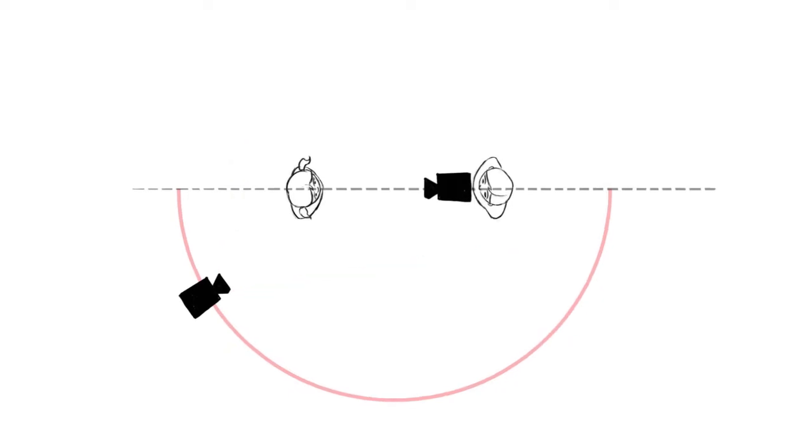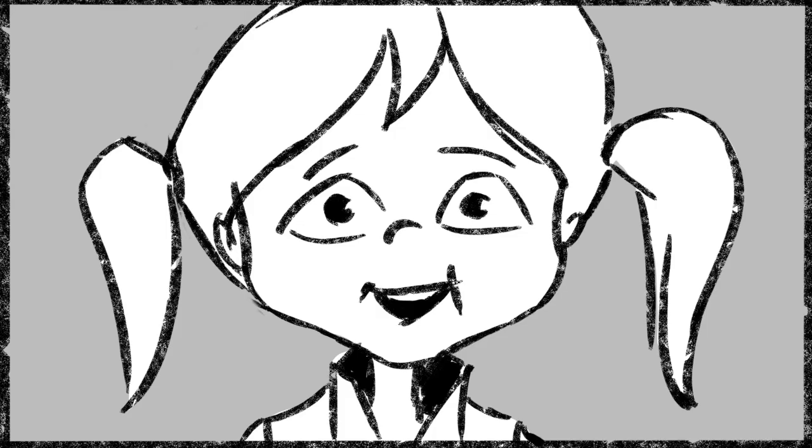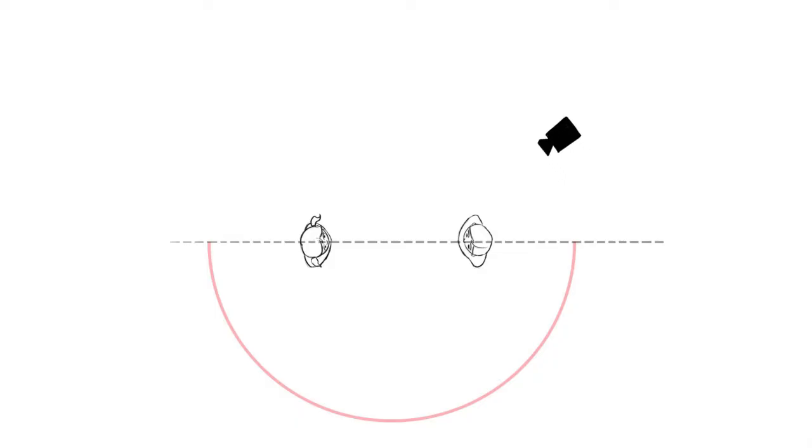One thing is to position the camera exactly on the line and have the character looking from the POV, point of view. When we have the camera exactly on the line, the next time we show the characters, we can have the camera being on the other side of the line.